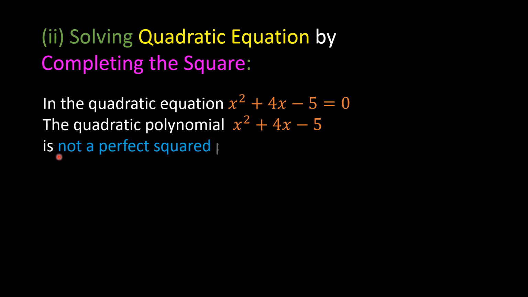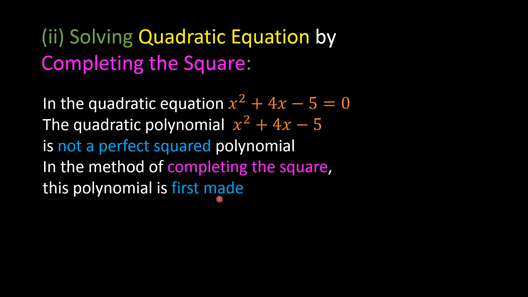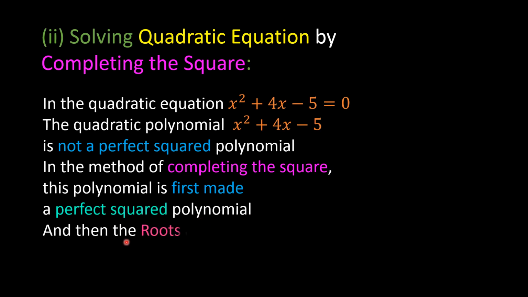So, because this quadratic polynomial is not a perfect square, in the method of completing the square, this polynomial is first made a perfect squared polynomial, and after that the roots of the equation are found out. Let us see one example.